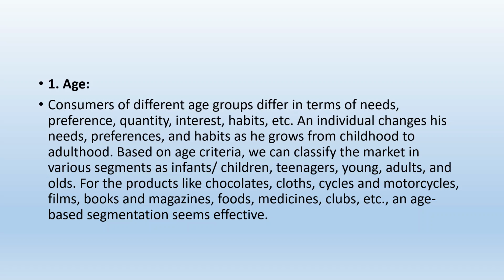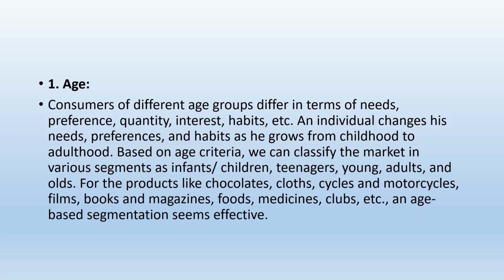How are the segmentations done in demographic segmentation, on what basis are consumers divided? Consumers of different age groups differ in terms of need, preference, quantity, interest, habit, etc. And an individual changes his need, preference and habit as he grows from childhood to adult.